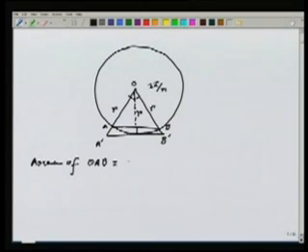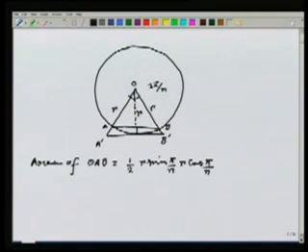So the area is half times the base. Well, the base is r sine pi by n times the altitude. What is the altitude here? Well, it is just r cos pi by n. Okay, so half times sine pi by n times r cos pi by n.